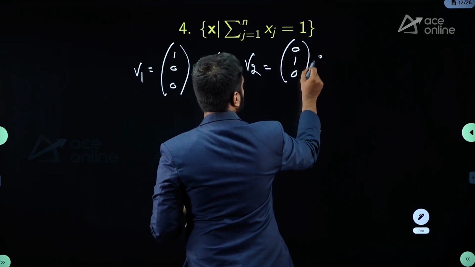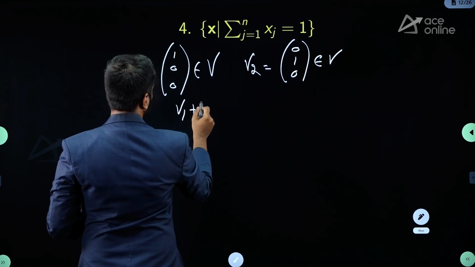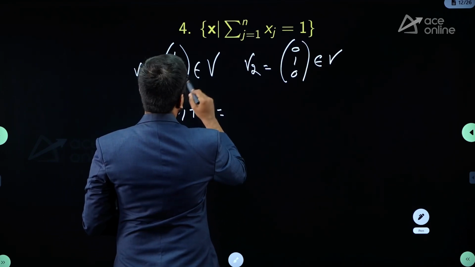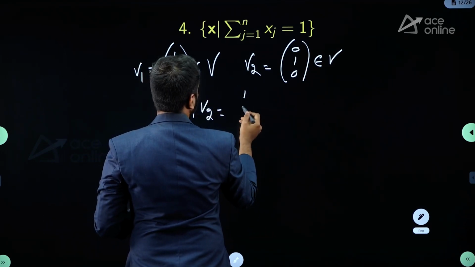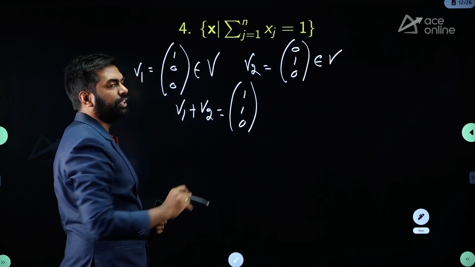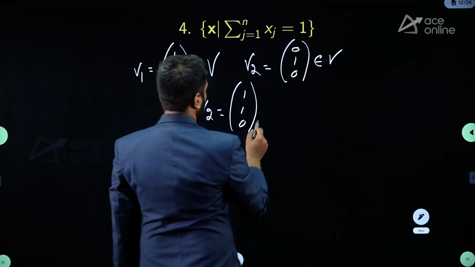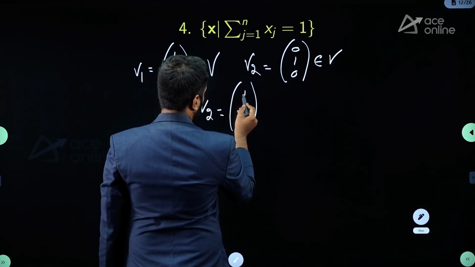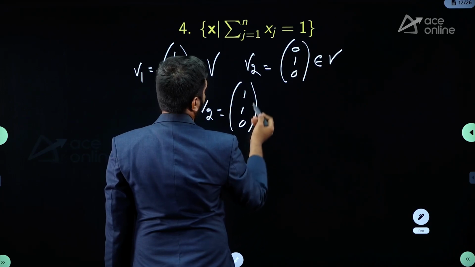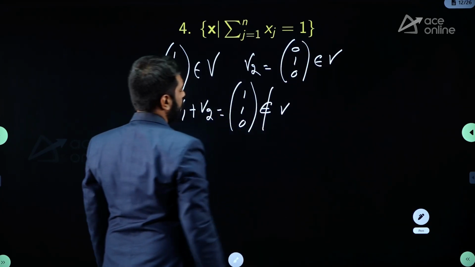So clearly this also belongs to V. Now what about V1 plus V2? 1 plus 0 is 1, 0 plus 1 is 1 and then 0. Is the new vector also part of the given set? No, it's not a part of the given set, because when you add 1 plus 1 plus 0, it is 2, but we want 1. Clearly this does not belong to V.